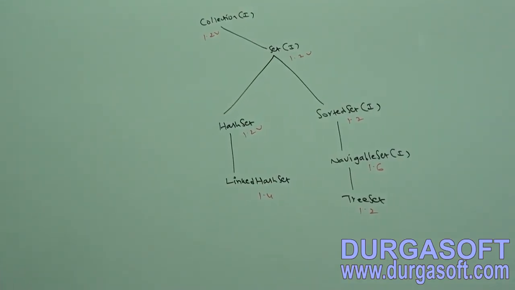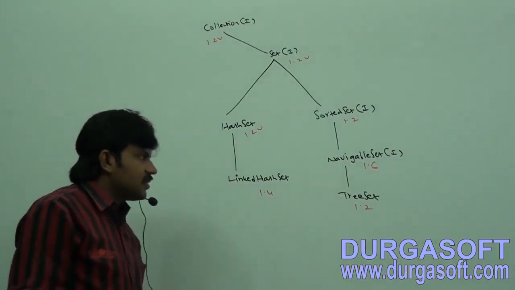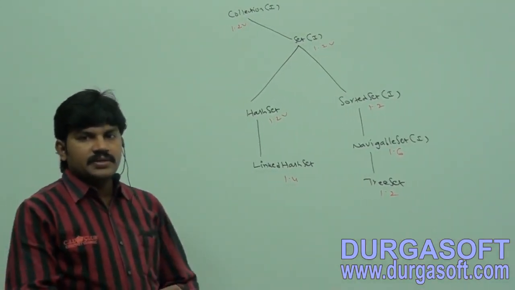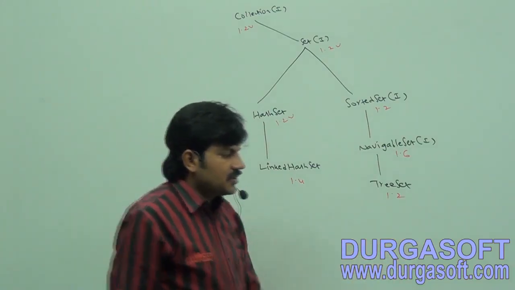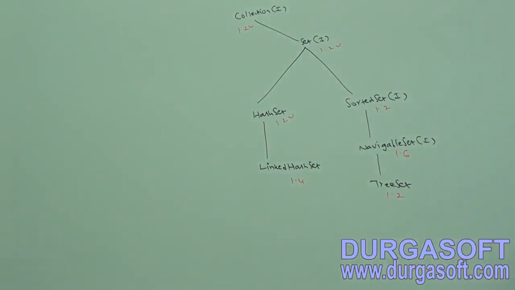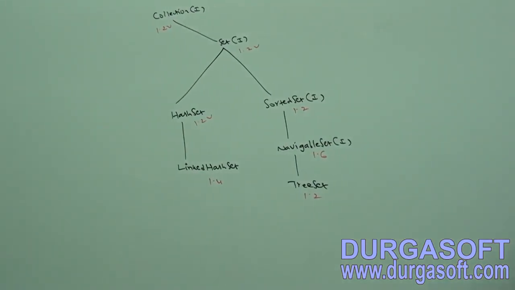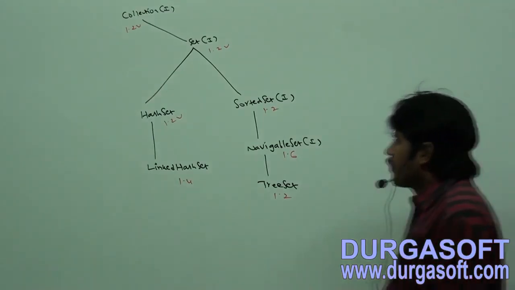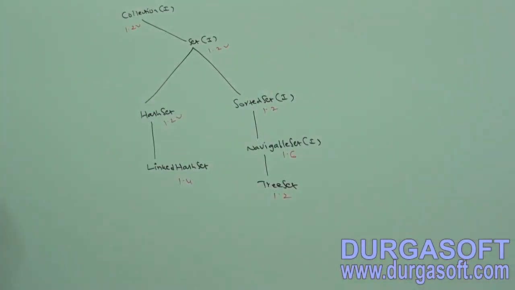Last one, TreeSet. So: Collection, Set, HashSet, LinkedHashSet, SortedSet, NavigableSet, followed by TreeSet.